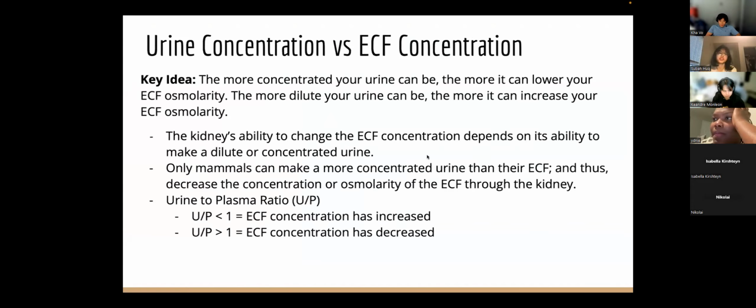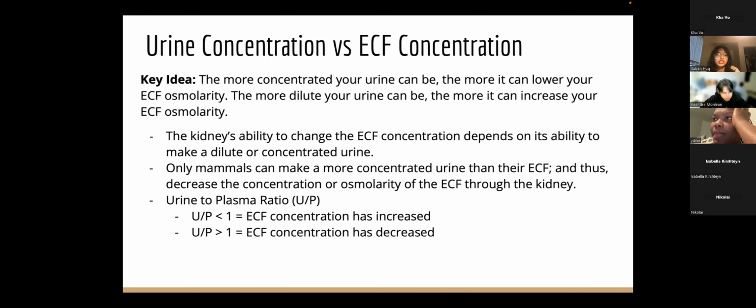So we'll start off with urine concentration versus ECF concentration, basically the effects. So remember, osmolarity is basically a measurement of solute concentration in whatever liquid you're looking at. If something has high osmolarity, it's going to be heavily concentrated.